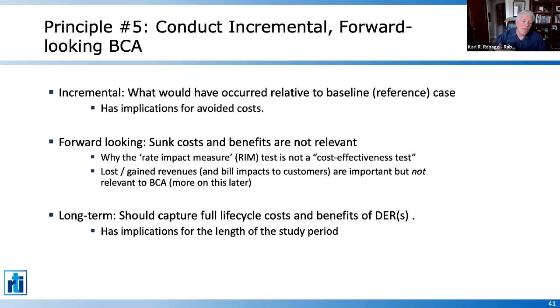Over the long term, and this goes back to the question that someone asked earlier on, we want to try to capture the full life cycle cost and benefits of the DERs we're considering. That informs the length of the study period. It is the frame or the boundaries, in life cycle assessment terminology, for performing our analysis.